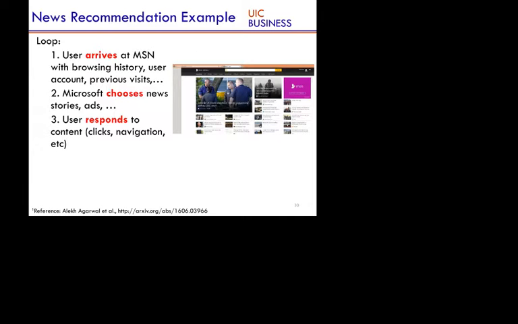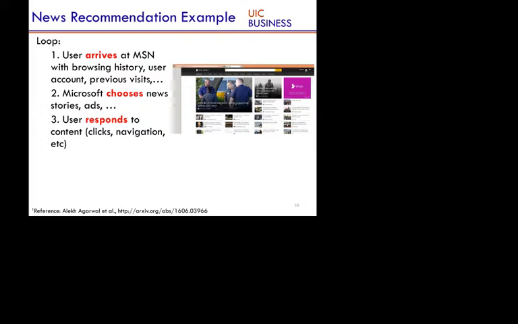So let's go through a running example, a deployed example. This is the problem of news recommendation. This is the loop which we just saw in the previous slide abstractly. A user arrives at, let's say, msn.com with some browsing history, user account, previous visits, and so on.